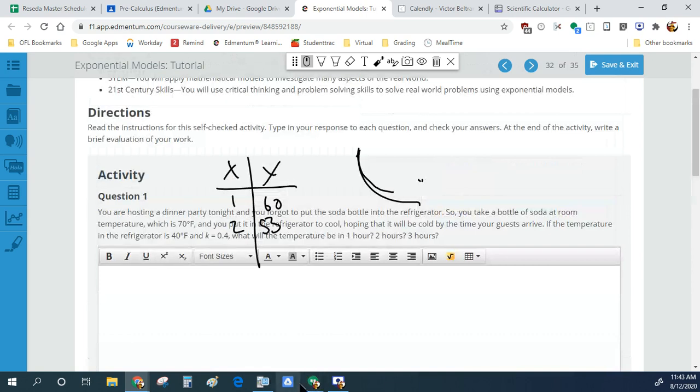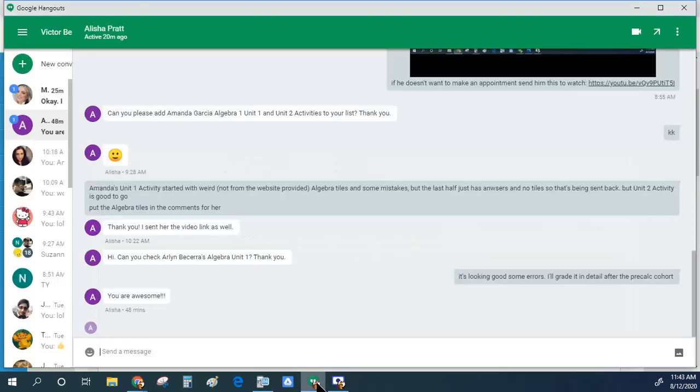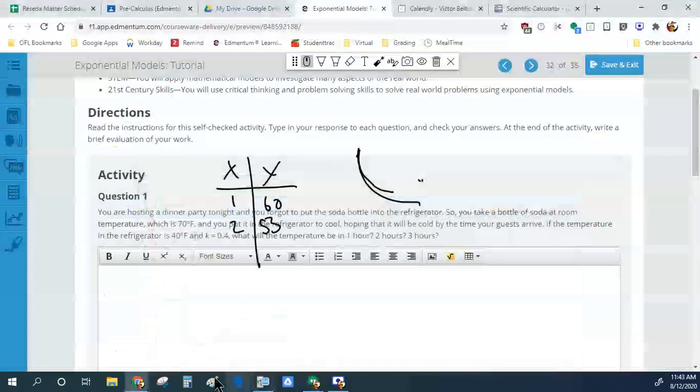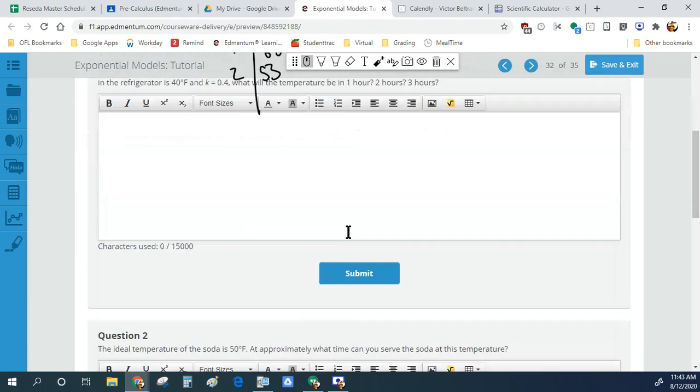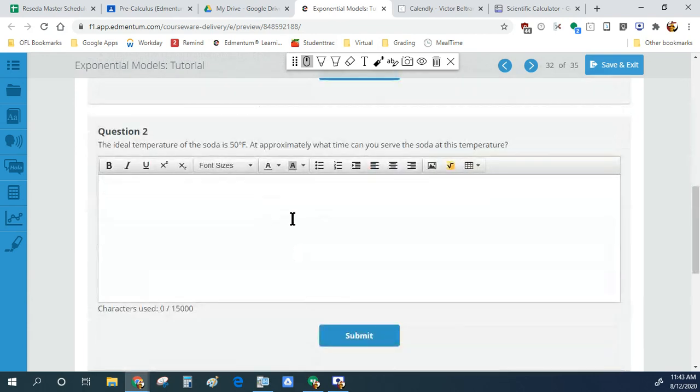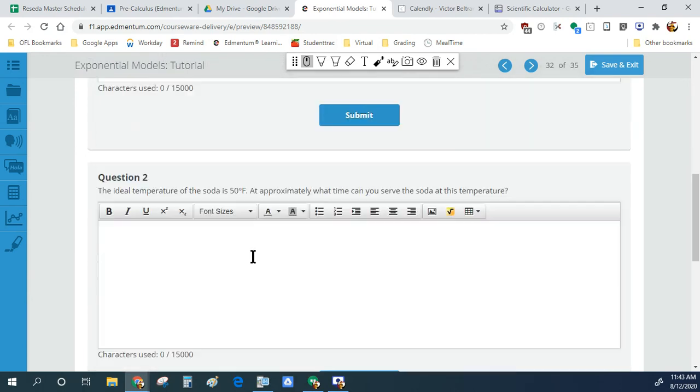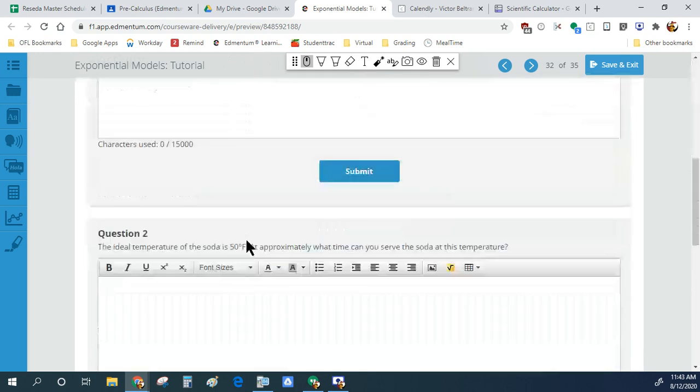Since we did this for 2 and 3, if they want it at 50 degrees, we want it somewhere between 2 and 3 hours. So after 2 and 3 hours, that's when we can take our soda out of the fridge based on this temperature.